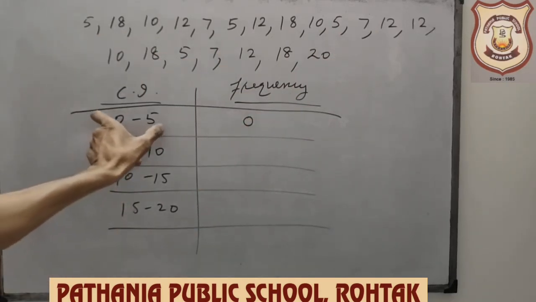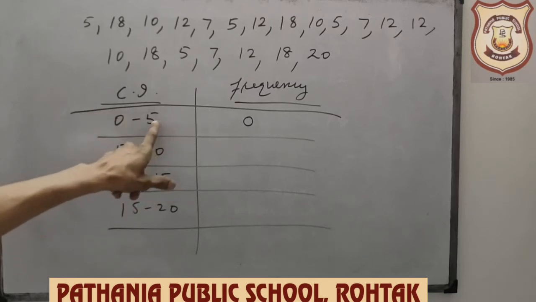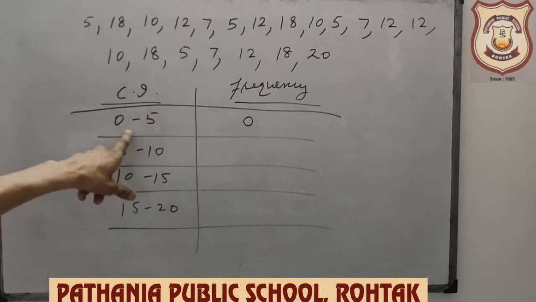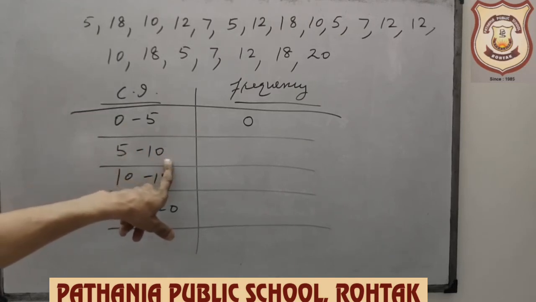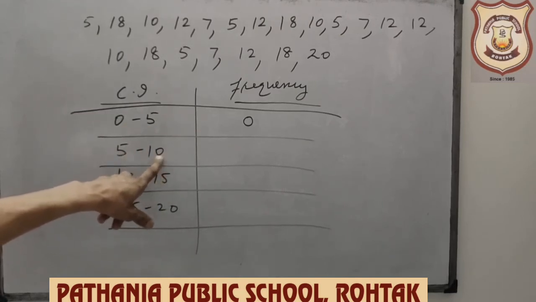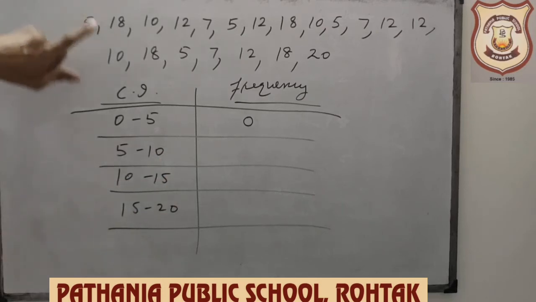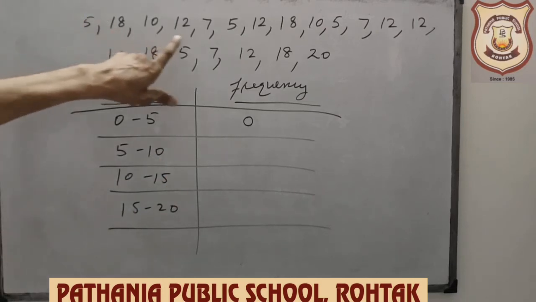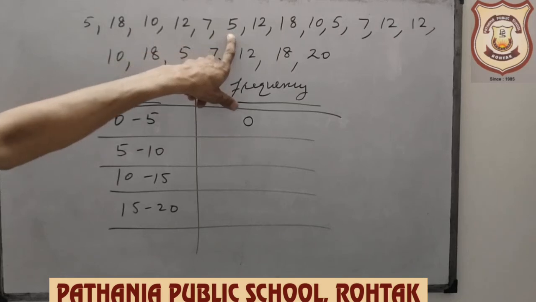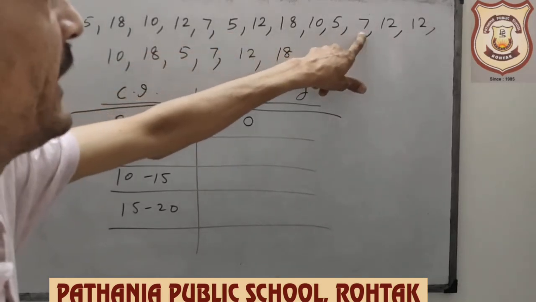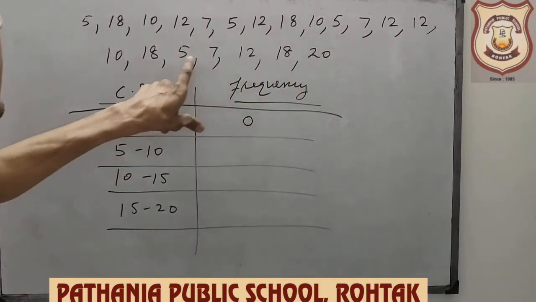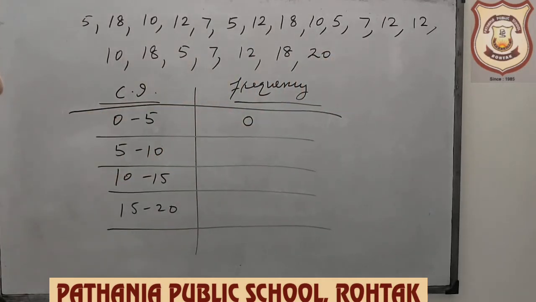In this interval, all values come less than 5 but greater than 0. And in the second, greater than or equal to 5 but less than 10, sorry. So how many 5s are there? Between 5 to 10: 1, 2, 3, 4, 5, 6, 7. 7 students are there.